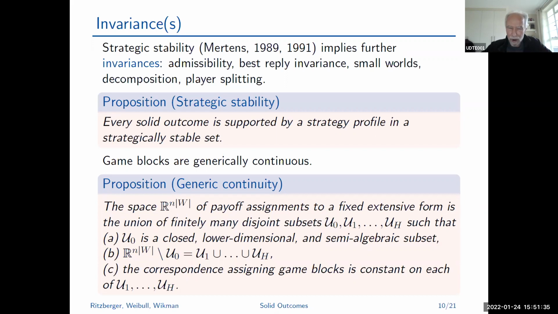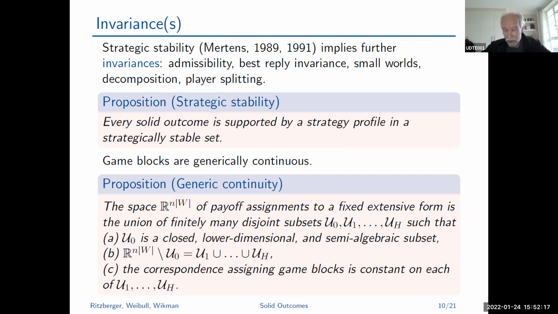then we can break this apart into a finite number of subsets, where the first one, this U sub naught, is what you could call the critical set. So it's a closed and lower dimensional semi-algebraic subset. And the complement of this critical set is a disjoint union of finitely many sets U1 to UH, such that on each of those components, the correspondence that assigns game blocks is constant.